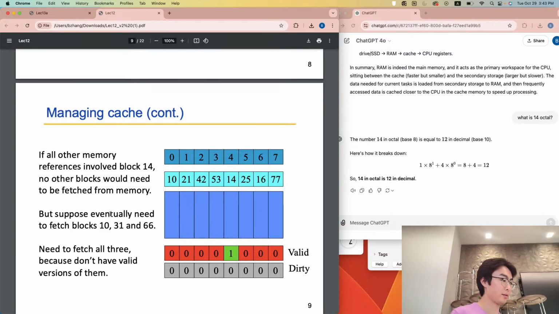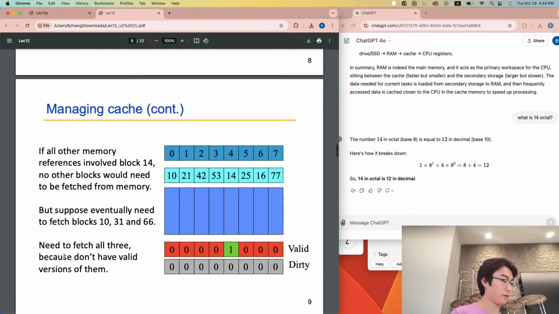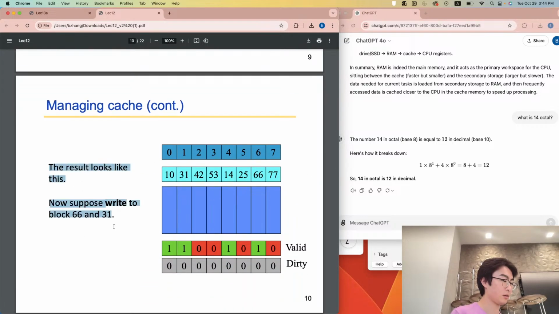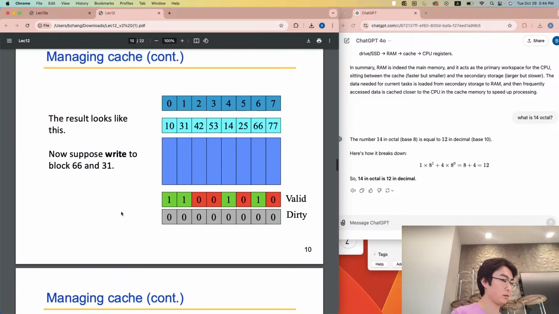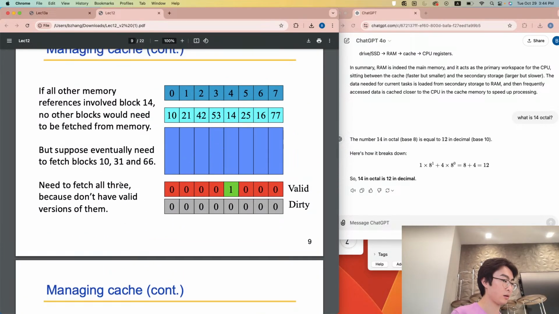So 10, 31, it's still not a valid version of that. Oops. 10. Okay. So 10, 31.